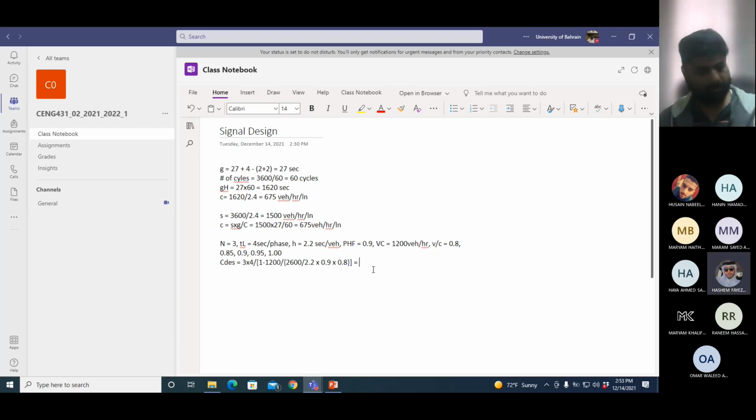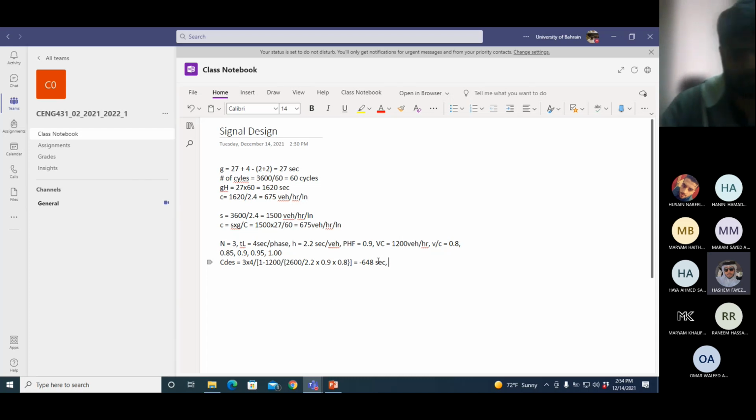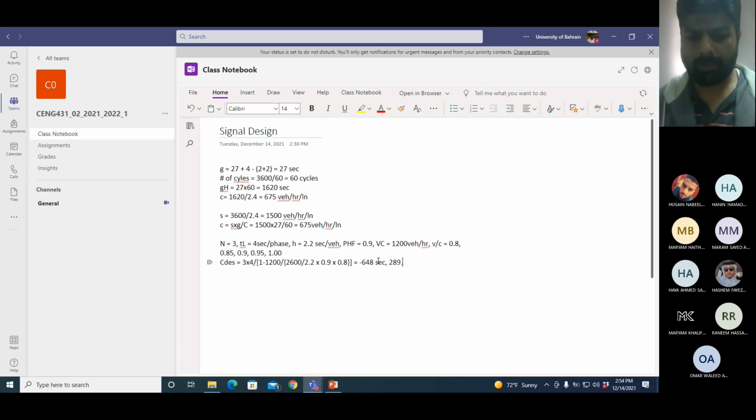It's minus 648. Okay, now just replace 0.8 with 0.85 and recalculate the value. 289.9.